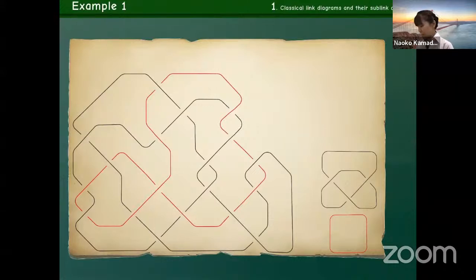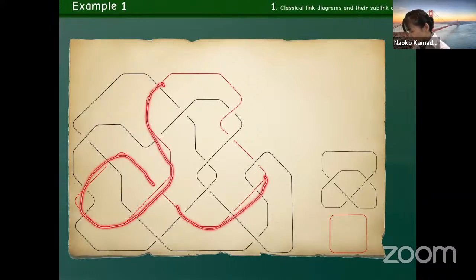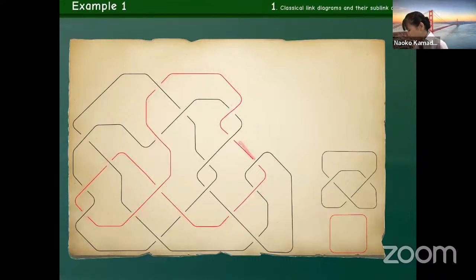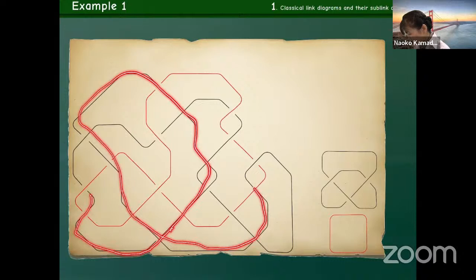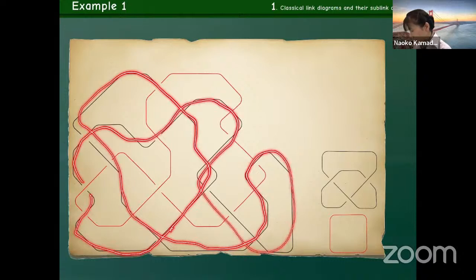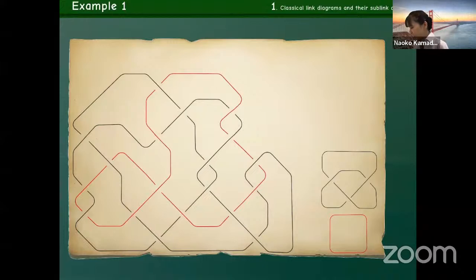In this link diagram, the red one is equivalent to a trivial loop if removing the black one. The black one is equivalent to this black diagram if removing the red one.